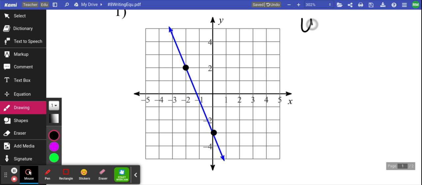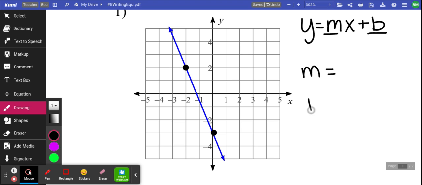So we have y equals mx plus b. We need to figure out our m and our b. Anybody remember what the b is called? Y-intercept. Good. And that can be found on the y-axis. So we need to figure out what our m is and what our b is so we can write our equation.